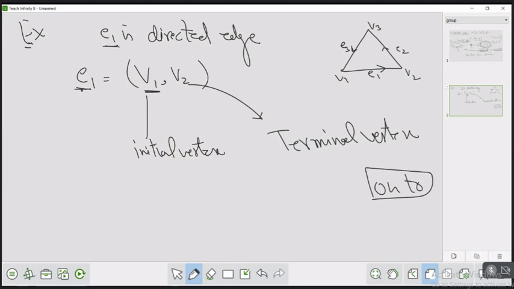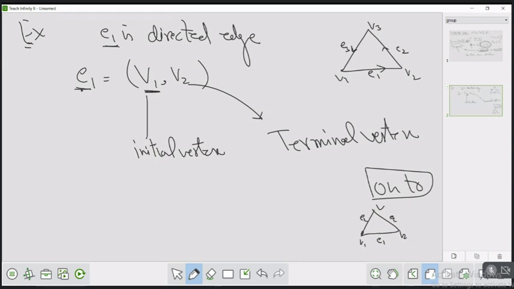But in the directed graph, due to the direction in the edge, we have two concepts. In the undirected graph there is no direction in the edge, so we just say that edge E1 is incident onto V1, or that edge E1 is incident onto V2.